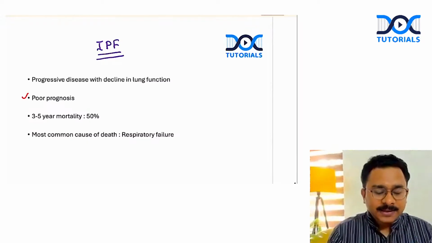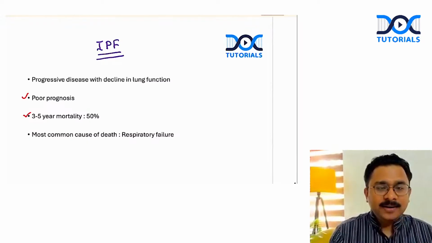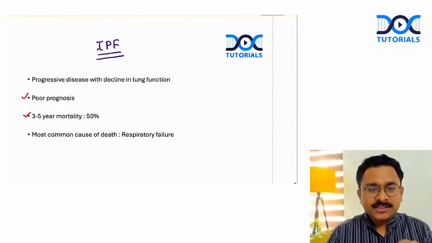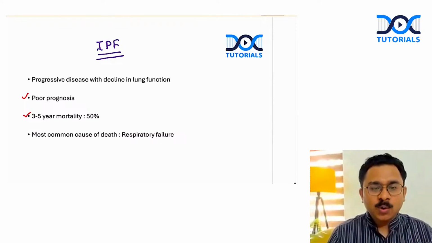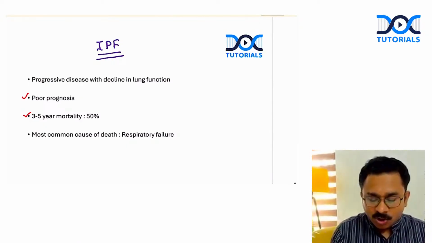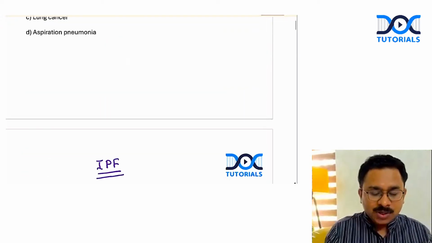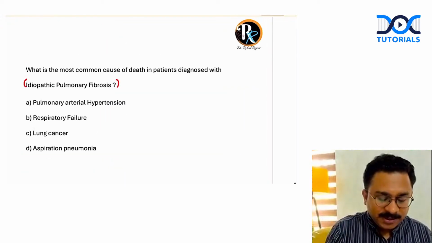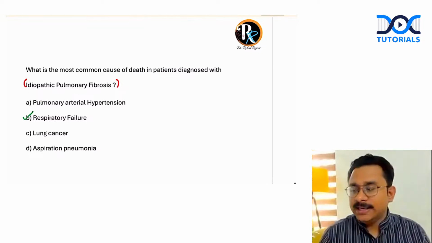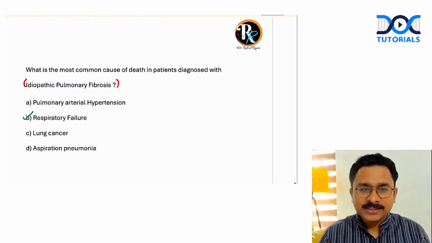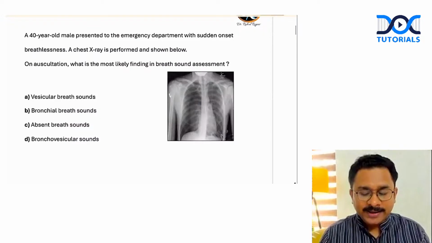The 3 to 5 year mortality of this condition is almost 50%. And what is the most common cause of death? It is respiratory failure. So coming back to this question, the answer is respiratory failure is the most common cause of death in such patients. Let us go to the next question.